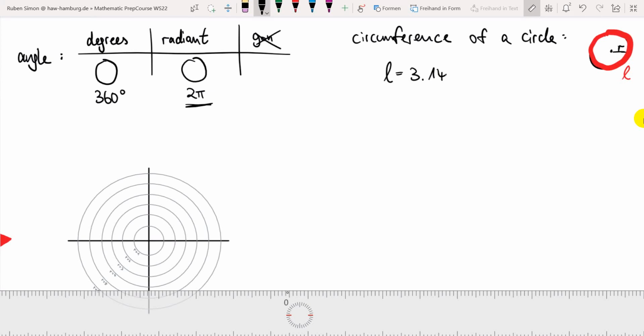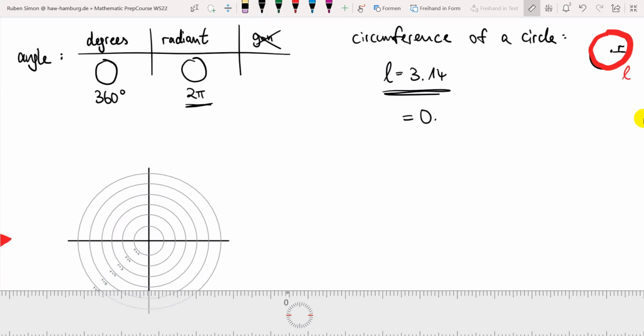Yes, but you don't know the radius yet. This would only apply if you had a radius of 0.25. In this case, you would end up with a circumference length of 3.14. Oh no, sorry, this is wrong. Just a second.